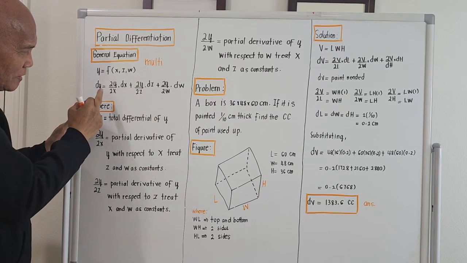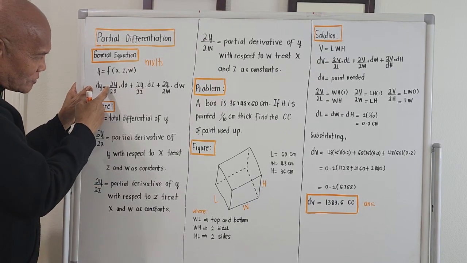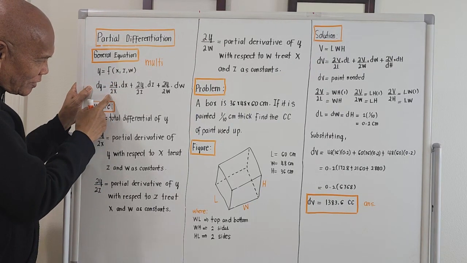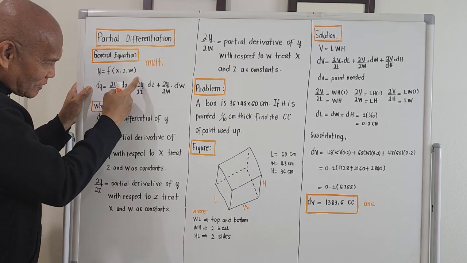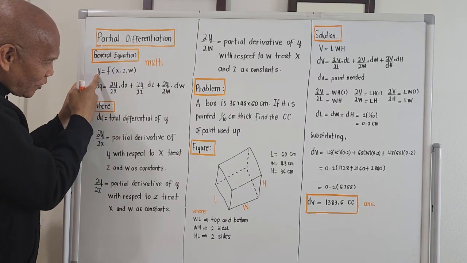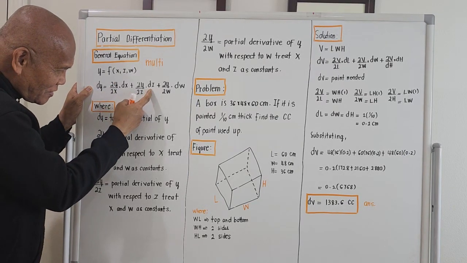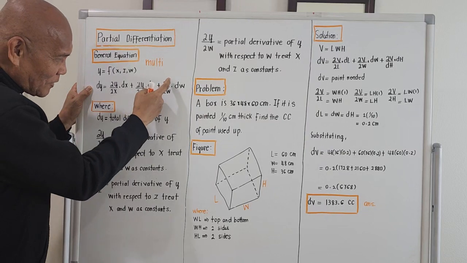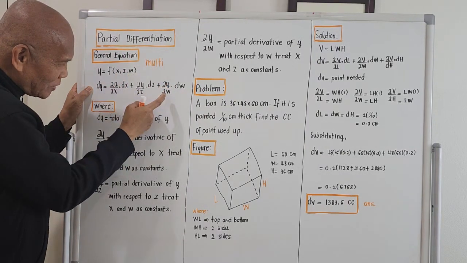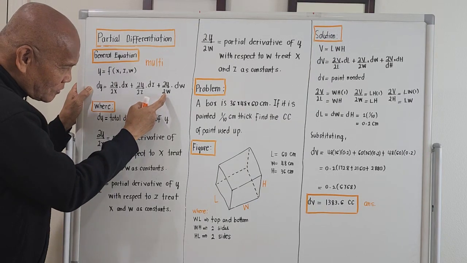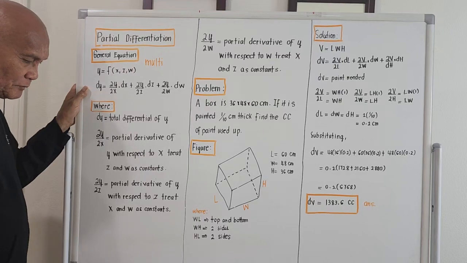And this should be equal to the partial derivative of y with respect to x times dx plus the partial derivative of y with respect to z times dz plus the partial derivative of y with respect to w, the last variable, times dw.